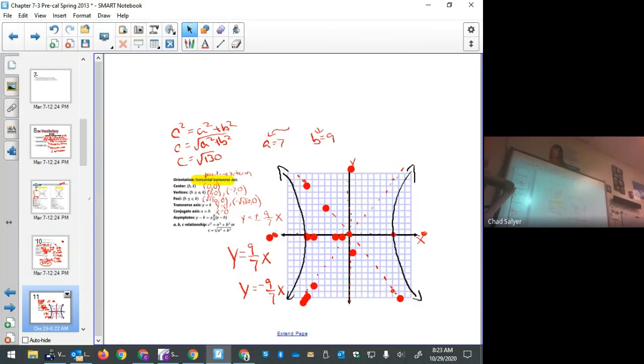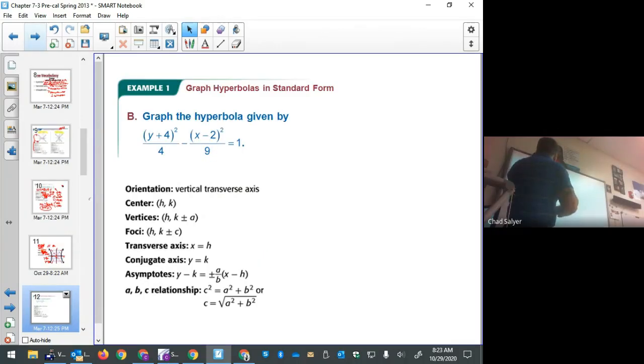The points are kind of haphazardly placed with respect to plotting the asymptotes and the transverse and the conjugate, so these dots are to help me understand that. Okay, any questions about the graph? Characteristics of a hyperbola? Thoughts or comments?